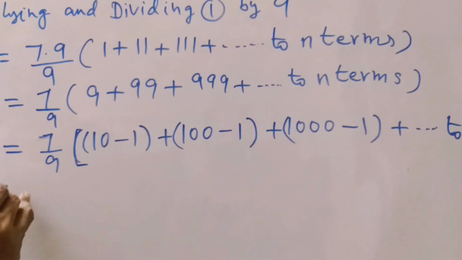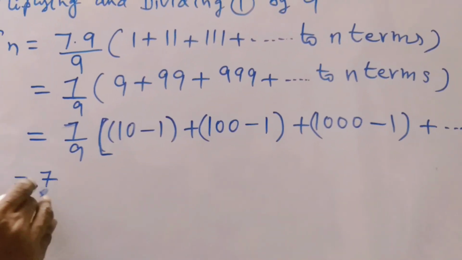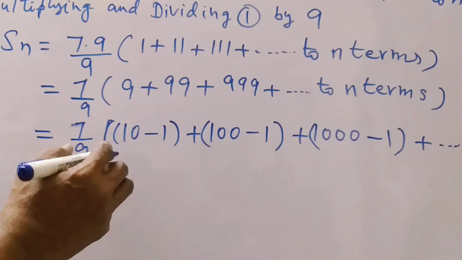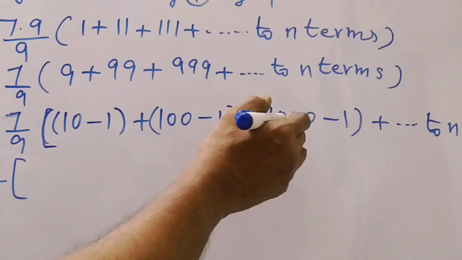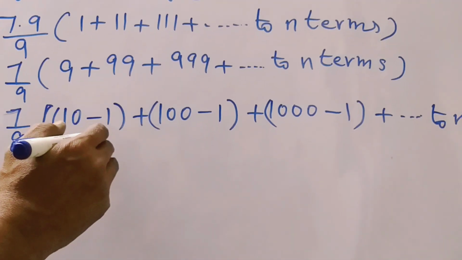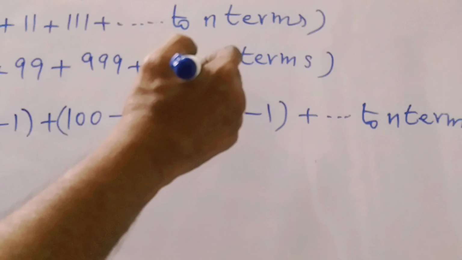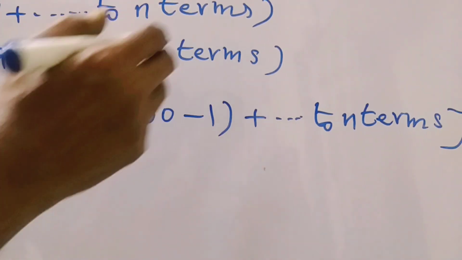Now it can be written as 7 by 9 of 10 plus 100 plus 1000 plus and so on up to n terms, and minus 1 plus minus 1 plus minus 1 and so on up to n terms.